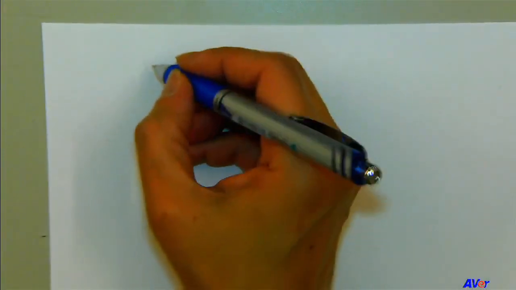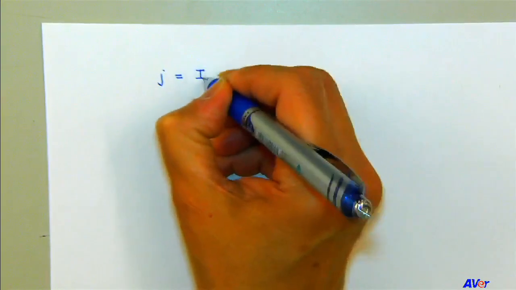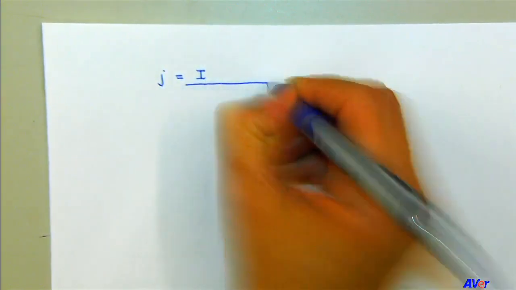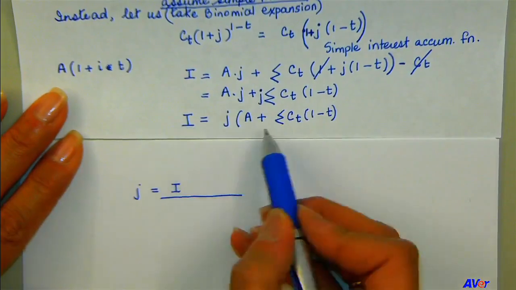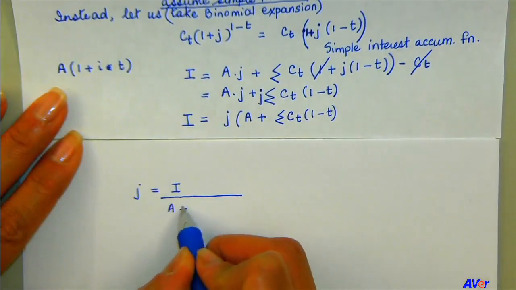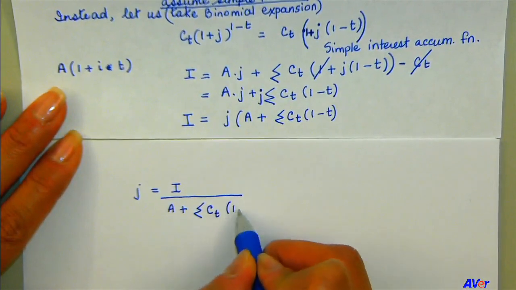Let's continue this on the next page. So the yield rate J is equal to the interest divided by, I'm solving for J here. So continuing here, I'm just solving for J. J equals I divided by A plus summation CT times 1 minus T.